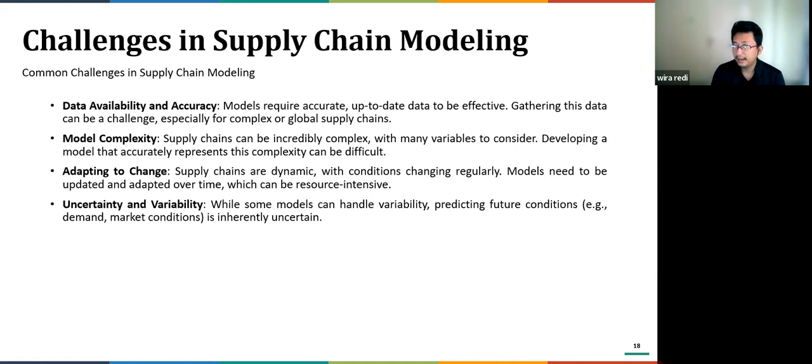And then your models also need to adapt to change. Systems often change, so how your simplified model can adapt to those changes is also important. And again, uncertainty and variability: adding more of them will of course help you represent the system very well, but the more complex it is, the less adaptable it is.